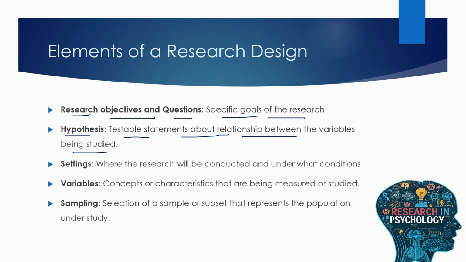We studied about hypothesis testing also, right? In case you haven't watched that video, I'll put the link in the description about the whole playlist. You can check the whole playlist. When you test the hypothesis, we know that it will tell whether there is a relationship between the variables or whether there is no relationship between the variables. Now the third element would be the settings.